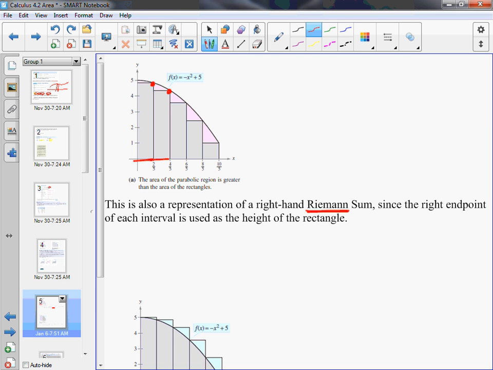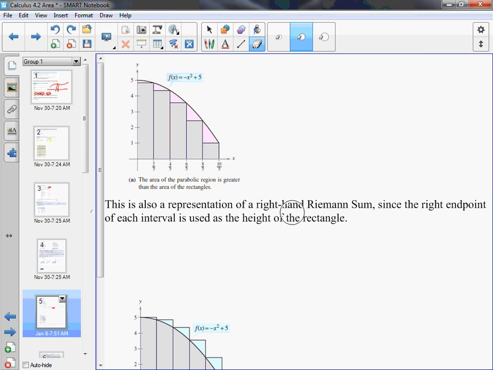Do not assume that right-hand sums are always lower sums, because if the concavity went the other way, wouldn't it work differently? So don't assume that right-hand means lower or lower means right-hand. They're two different things. One's kind of coming into fashion, one's kind of going out of fashion. I don't know why.